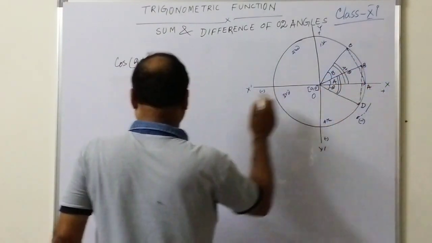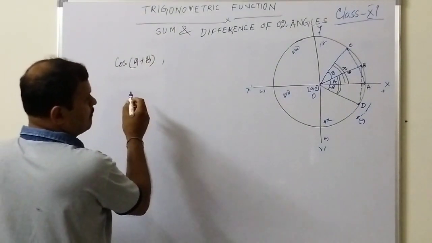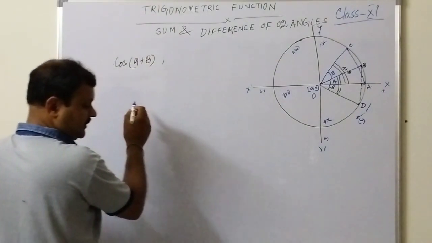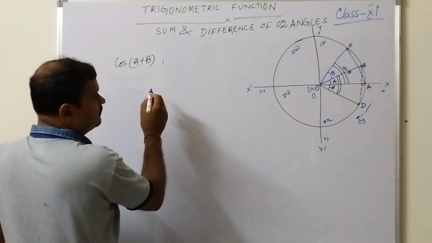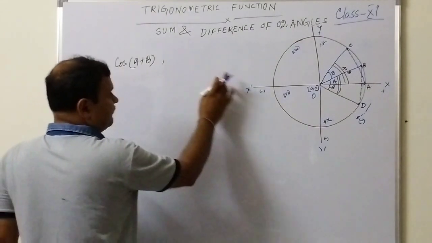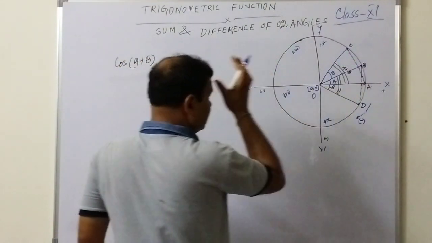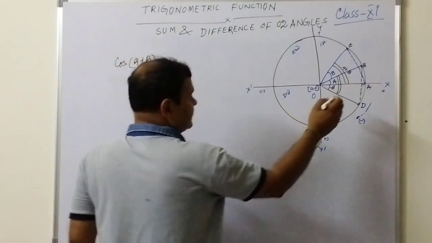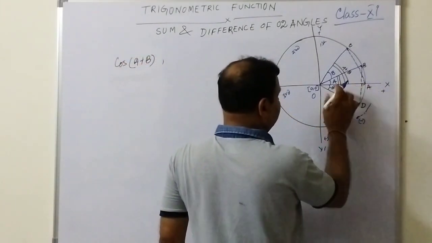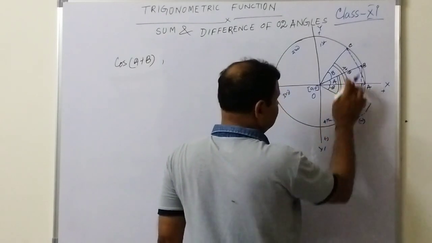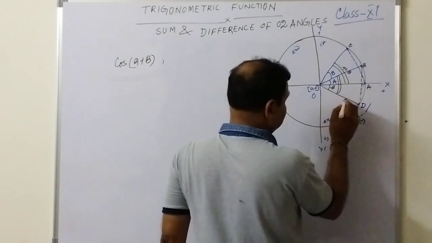Now, from coordinate geometry, this is the unit circle. What does it mean?